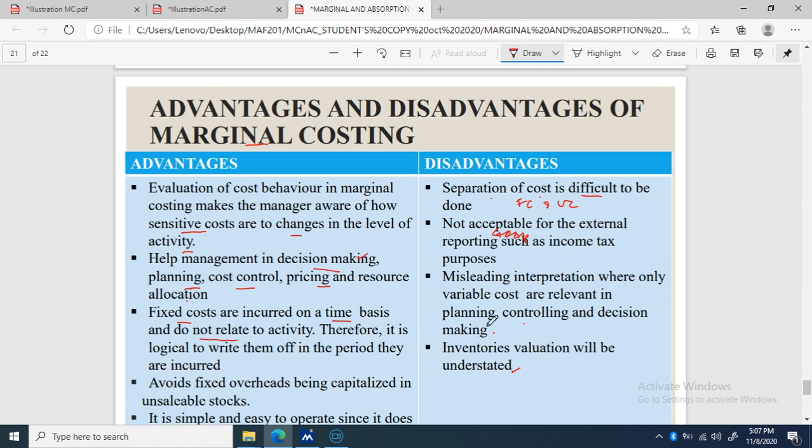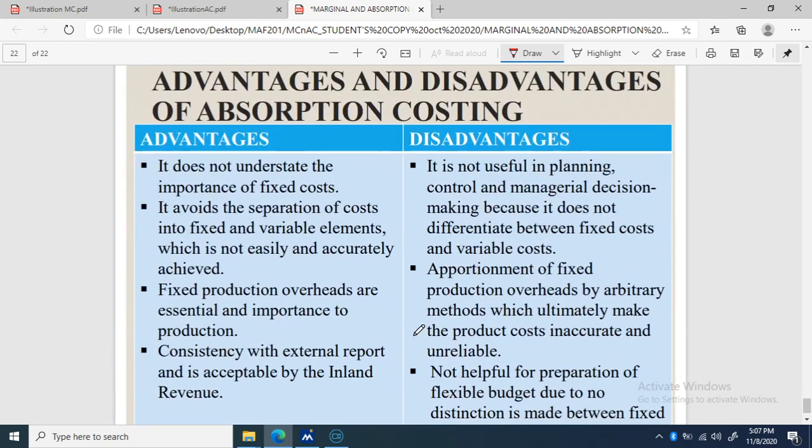Then we move to absorption costing: the advantages and disadvantages. Under advantages, it does not understate the importance of fixed cost because fixed production overhead is included in product cost, that means under cost of goods sold.